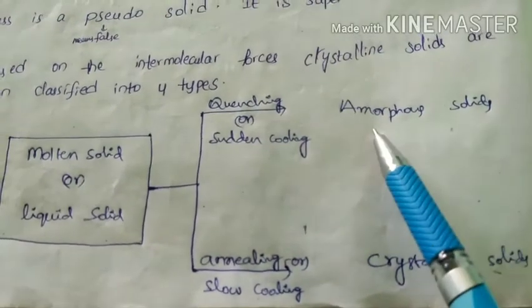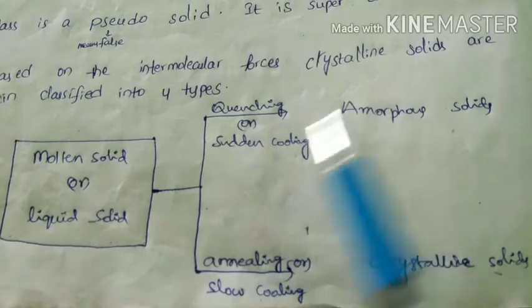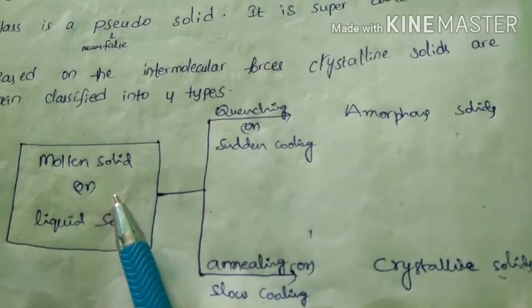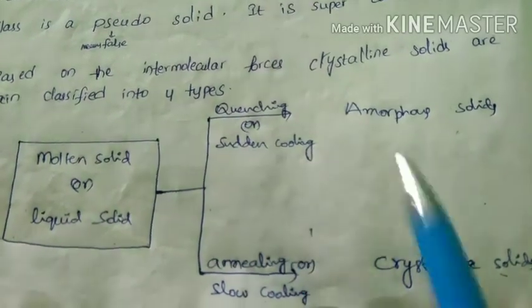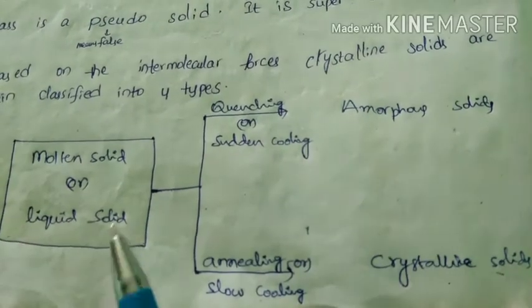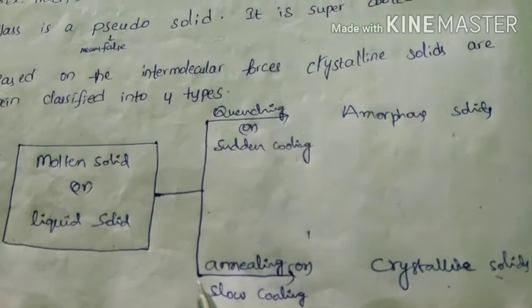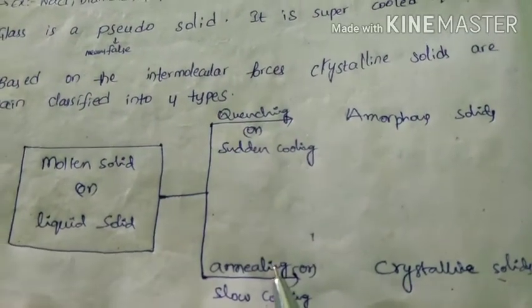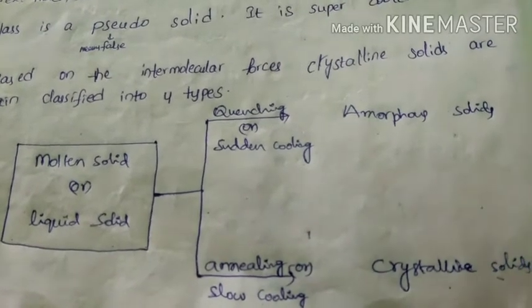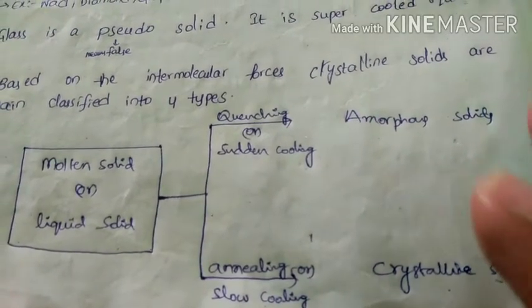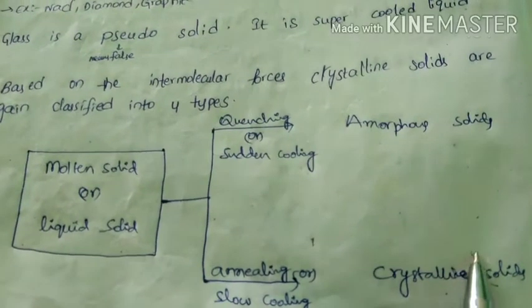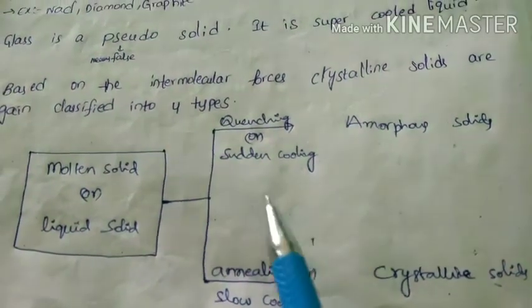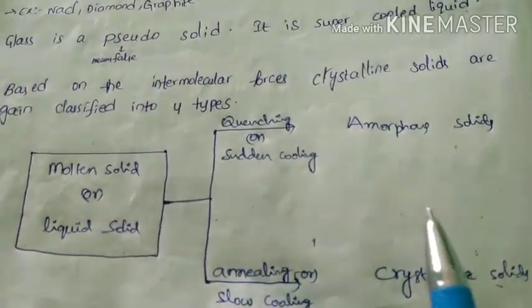So amorphous solids are formed from molten solids by sudden cooling, but crystalline solids are formed from molten solids or liquid solid by annealing. Annealing means slow cooling. That means when the temperature reduces slowly, then crystalline solids are formed. So this is all about crystalline solids and amorphous solids.